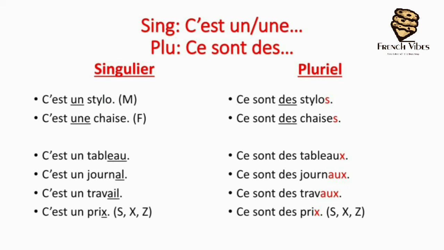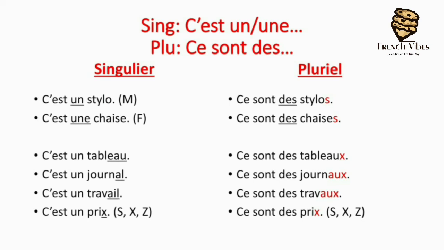And we add an extra s to chaise to make it plural, but it is not pronounced. So whether it's a masculine object or feminine object, in its plural form we use the indefinite article des if we are using the indefinite articles in the singular form as well. And we add an extra s to the object to make it plural, which is not pronounced.